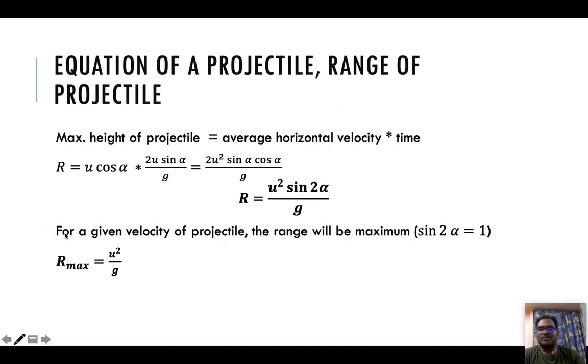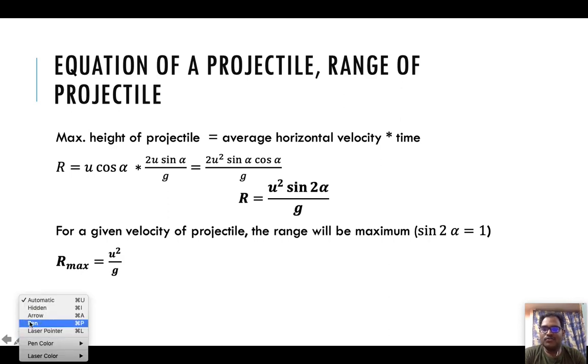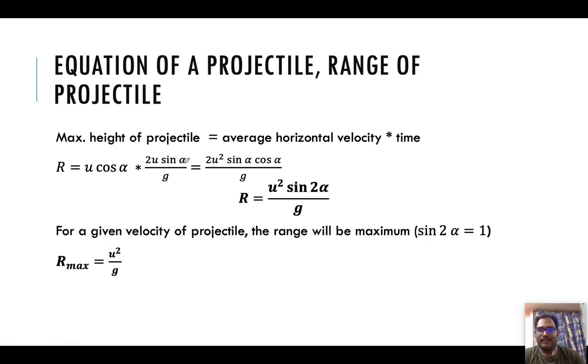So the last one is the range of the projectile. It has a starting point, it has an ending point. So this particular slide itself will give you the definition. Your maximum height of the projectile as well as the maximum range of the projectile can be found out. So R corresponds to the range and R max corresponds to the maximum range.